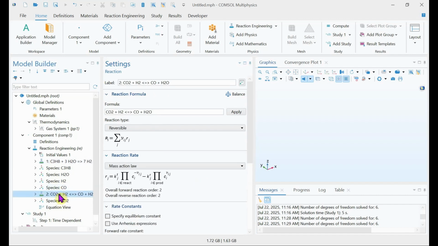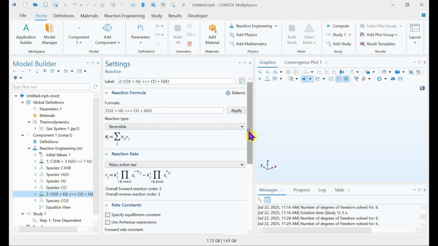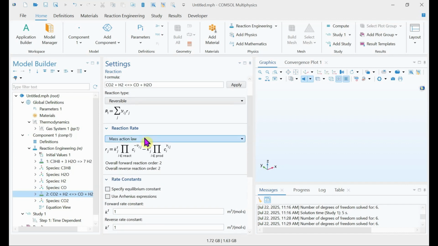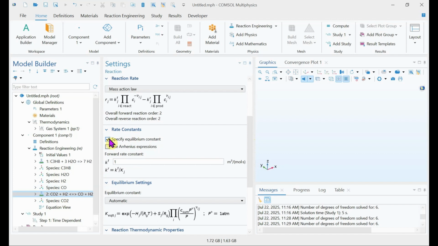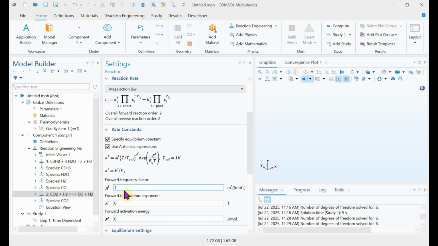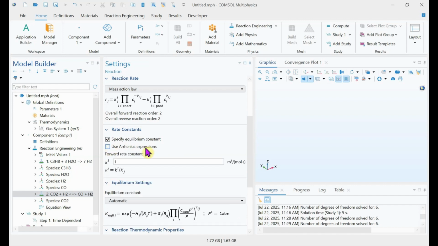Then I'm clicking on the second reaction. Here the reaction rate is calculated by mass action law, right? And for the rate constant, I'm clicking on equilibrium constant. If I click on the Arrhenius expression like this one, I need to add values for frequency factor, temperature exponent, and activation energy, which I don't know.